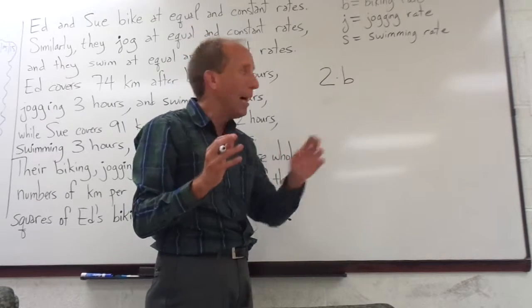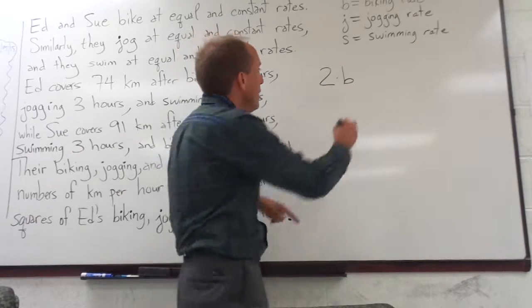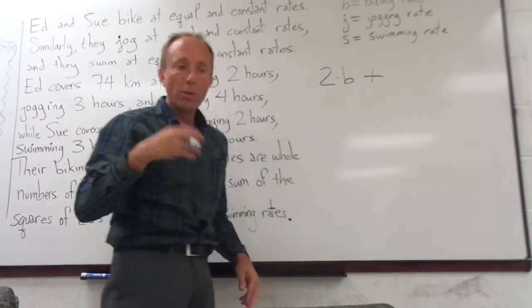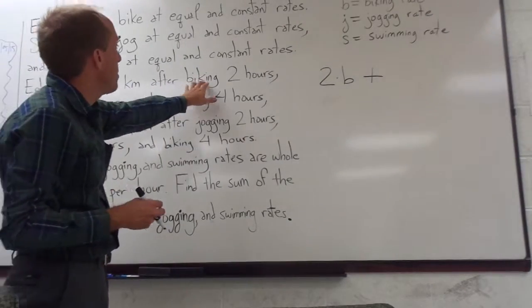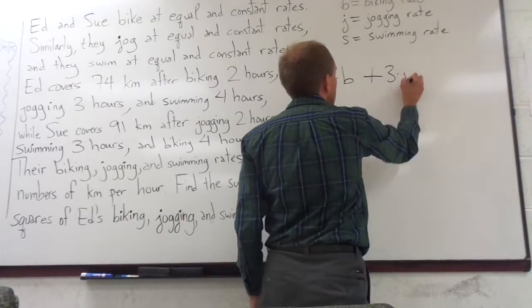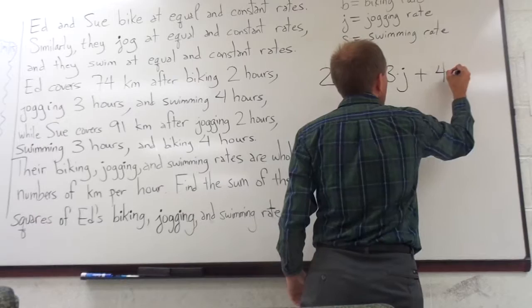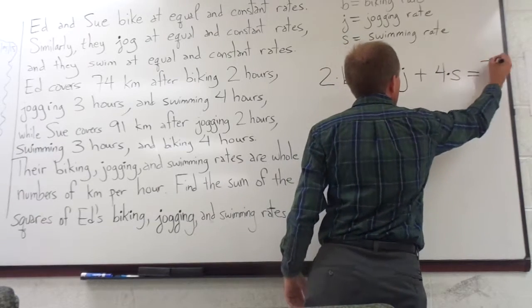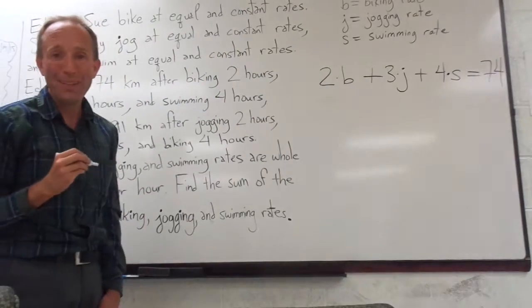So you multiply the rate times the time, okay? But we're adding because we're sort of totaling up Ed's total distance. So he biked for 2 hours, then he jogged for 3 hours, so I'm going to write that as 3J. And then we add to that the fact that he swam for 4 hours. And that all adds up to 74 kilometers, okay?